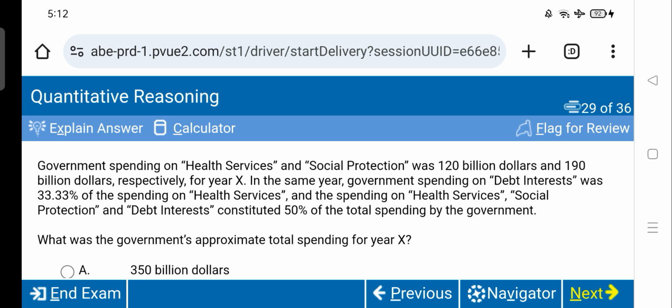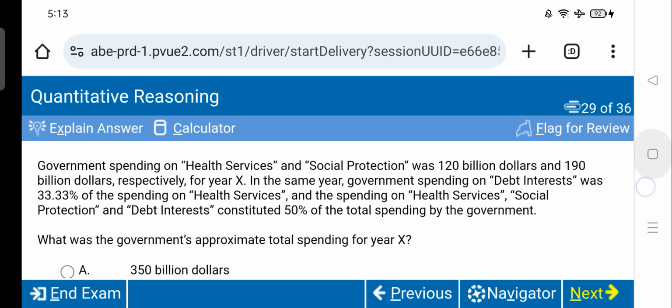Next we have question number 25. It says government spending on health services and social protection was $120 billion and $190 billion respectively for year X. So in the same year, government spending on debt interest was 33.33% of the spending on health services.